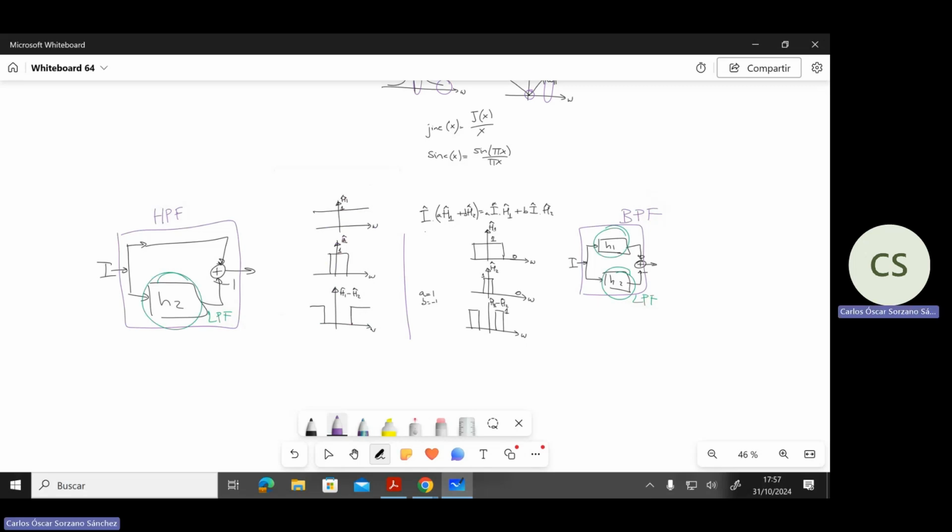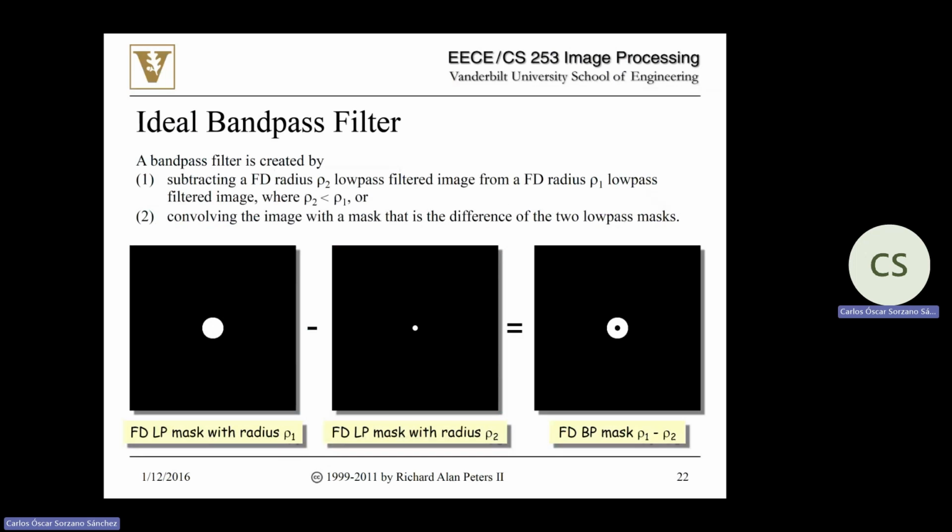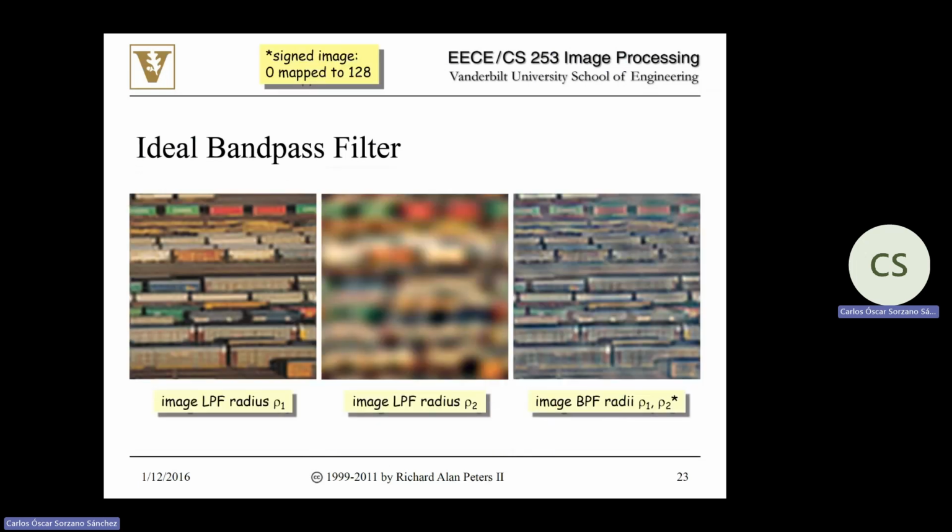Okay, so let's do that. We subtract these two, and let's see what happens. This is the low pass filter with the big radius. This is the low pass filter with the narrow radius, and then we subtract this one from this one.